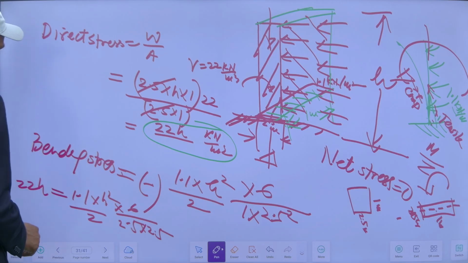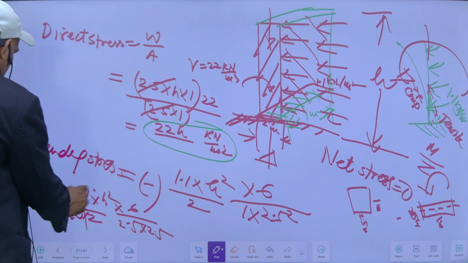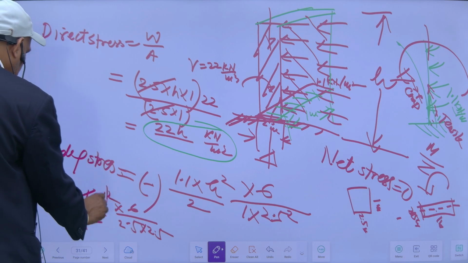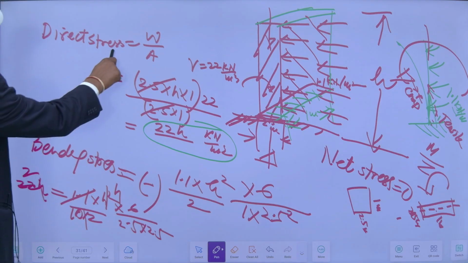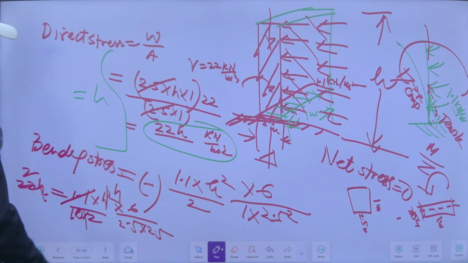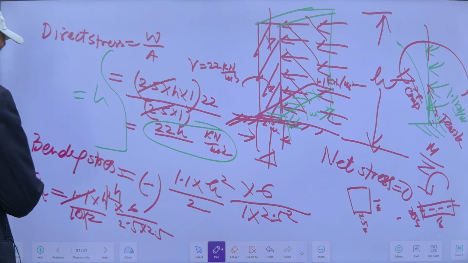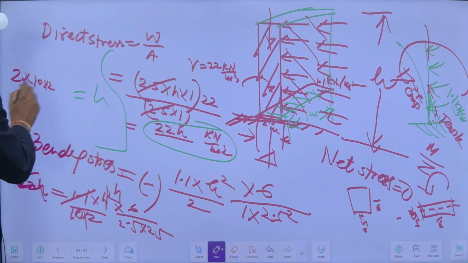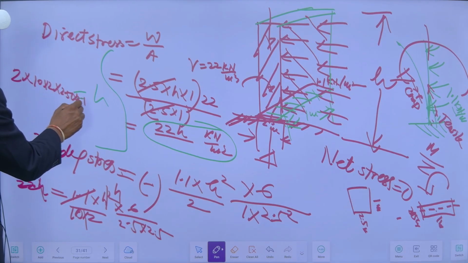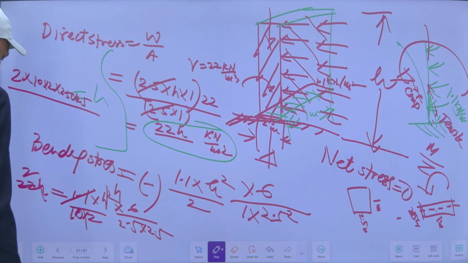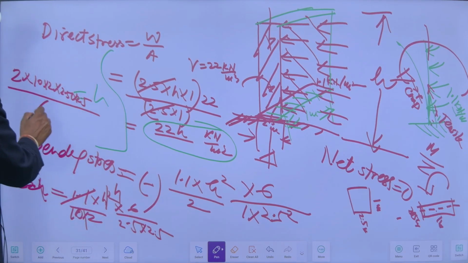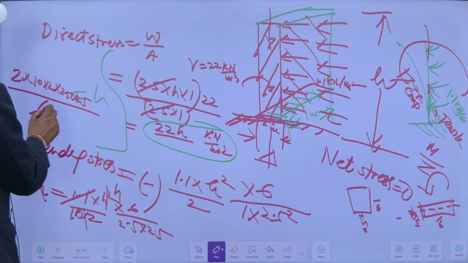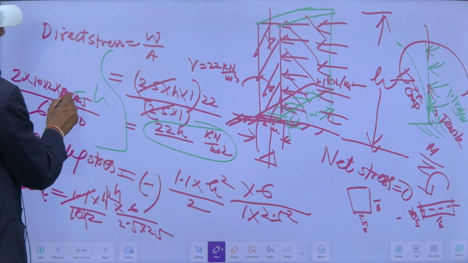So this H will become 2 into 10 into 2 into 0.5 into 2.5 divided by 6, this will be 25.